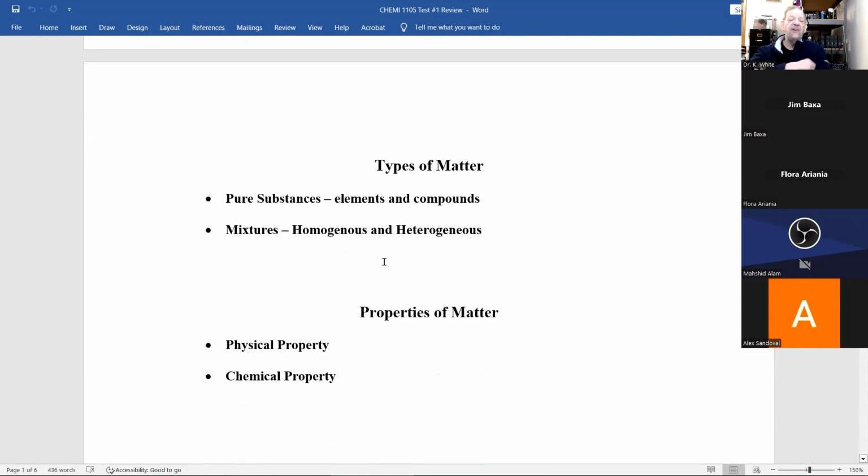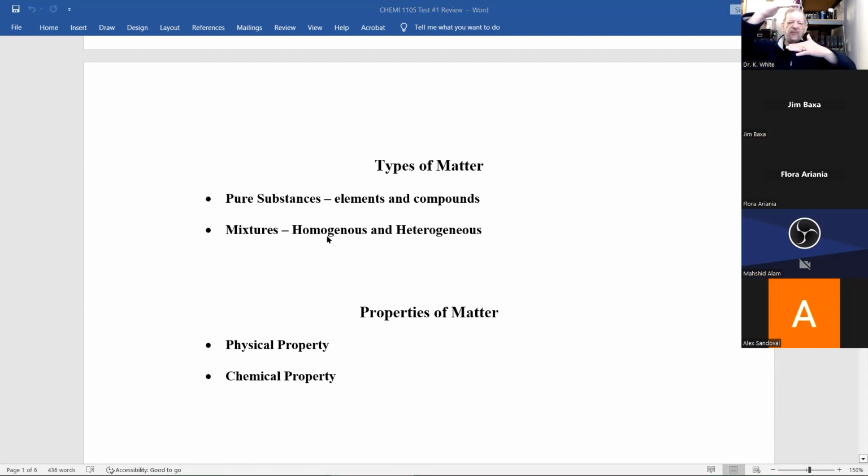I talked about different types of matter, pure substances, which can be either the elements or compounds, and mixtures. And mixtures are when you mix 2 chemicals together and they don't react. Each one retains its identity. You should know there are 2 types of mixtures: homogeneous and heterogeneous.